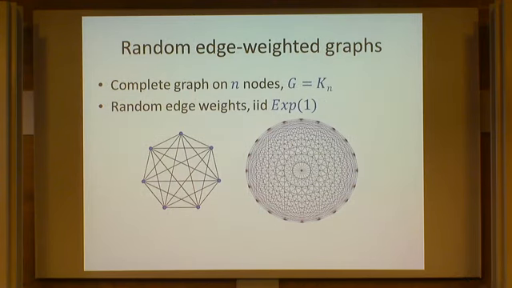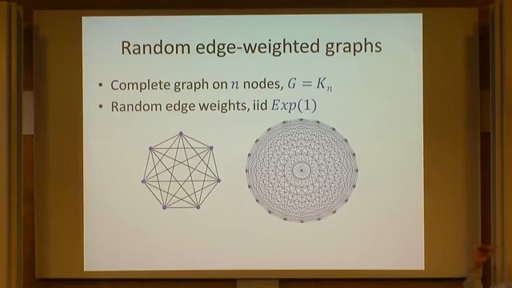So the model we are going to look at is a complete graph on n vertices, so there's an edge between every pair of nodes. And the weights on all the edges are independent, exponential with mean 1. We'll use this exponential assumption very strongly, but it's not an important assumption for the results, as will become clear.